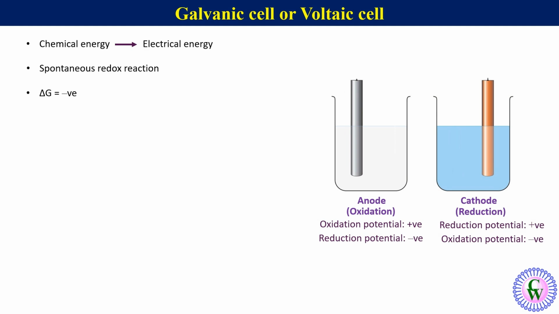negative oxidation potential. For better understanding, I am taking zinc electrode as an anode, which consists of zinc rod immersed in aqueous solution of zinc ion like zinc sulfate, and copper electrode as a cathode, which consists of copper rod immersed in aqueous solution of copper ion like copper sulfate.